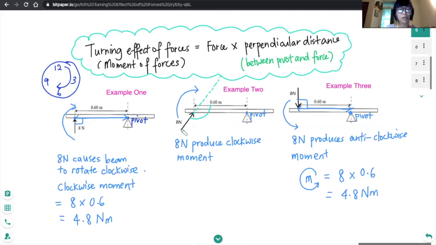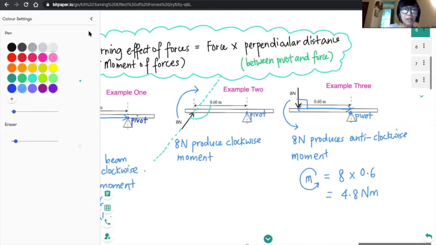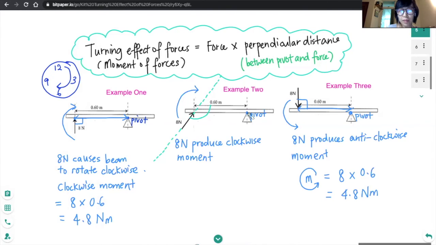So the force is along this line. After that, I would draw a line perpendicular to the force from the pivot to the line of action here. You can see that this will be a right angle. So the force, 8 Newton, is right angle to this distance. So this would be my perpendicular distance.